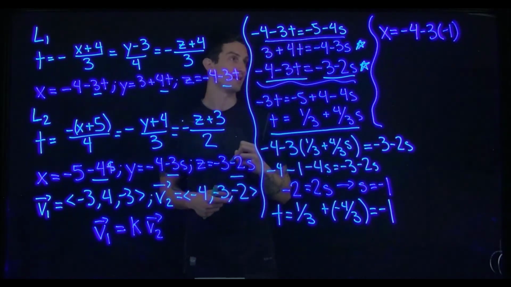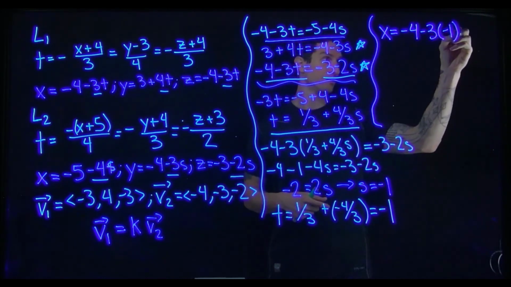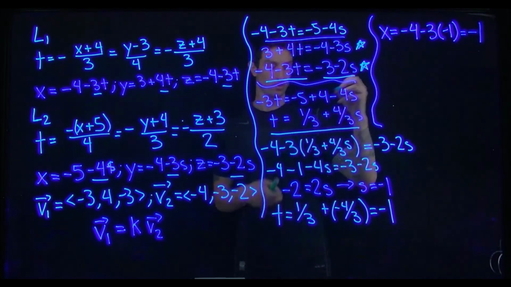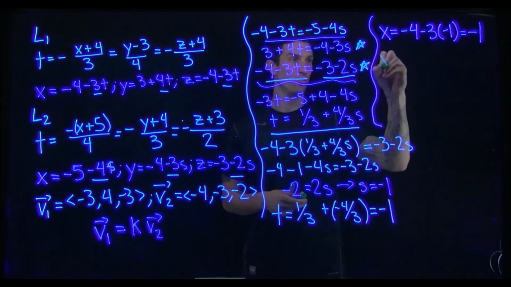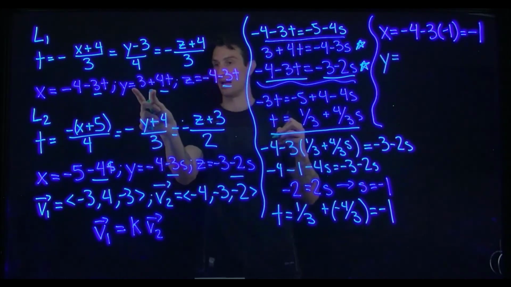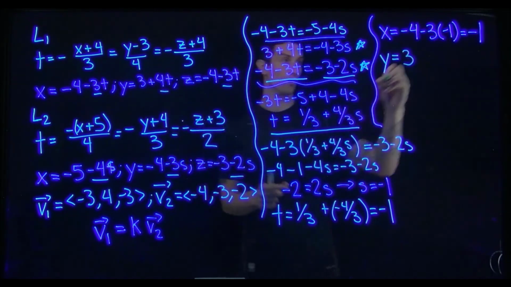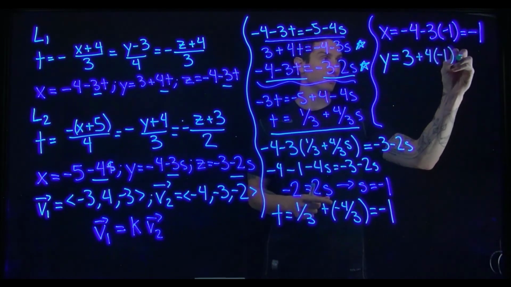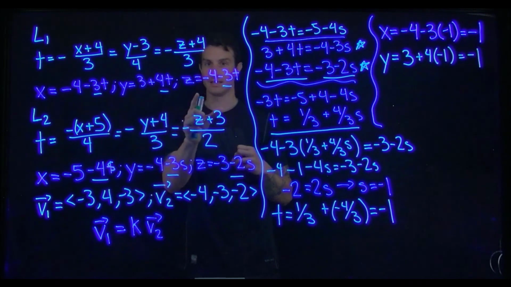And we have just enough space to write the answer. Negative 4 plus 3, negative 1. Perfect. We'll do the same thing now for y. We have y is equal to, we'll use the same y, it doesn't matter actually, 3 plus 4 times negative 1. What do we get? A negative 1. And lastly, z.